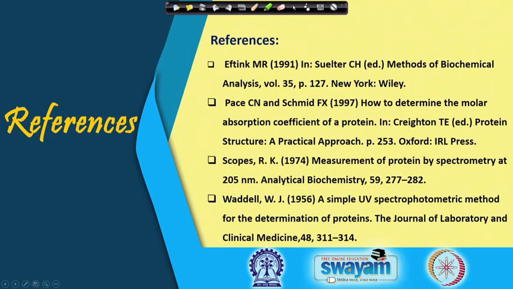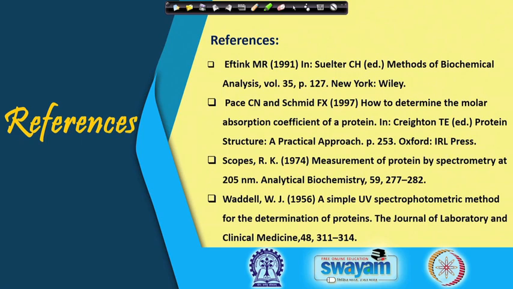The references that I have mentioned here are Eftink, and Pace and Smith, that tell you how to determine the molar absorption coefficient of a protein. This can also be done theoretically, which we will show you in the laboratory portion, along with a measurement of the protein concentration by spectroscopic methods.